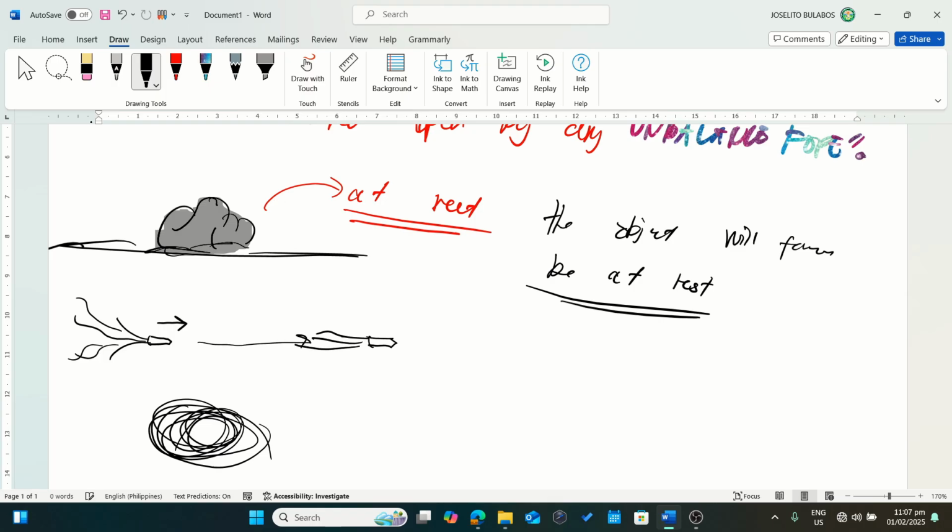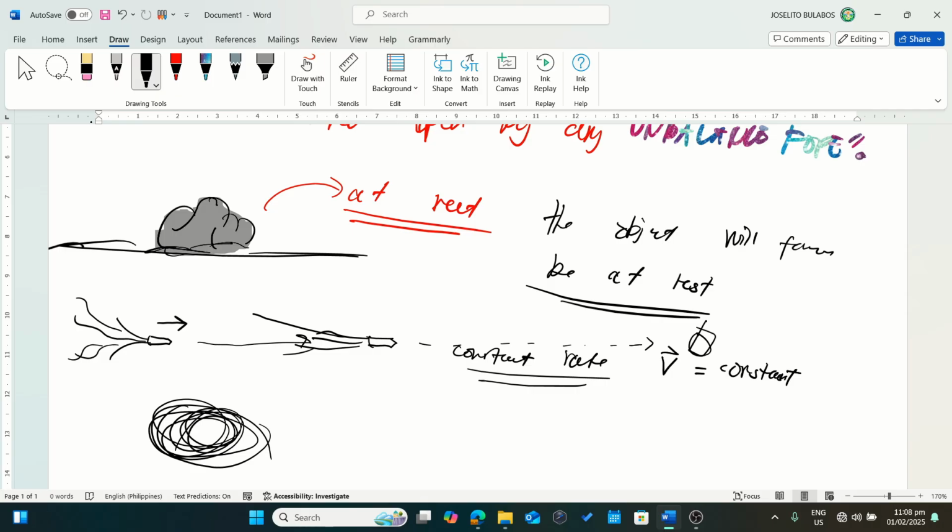and therefore this object will move at a constant rate. What do we mean by constant rate? Meaning our velocity is constant. It will move forever so long as there are no obstacles here, infinitely.